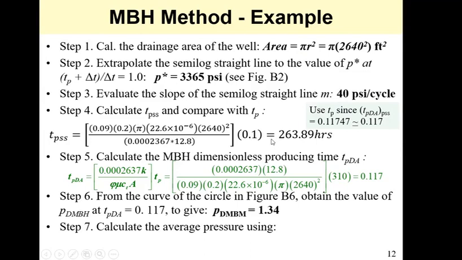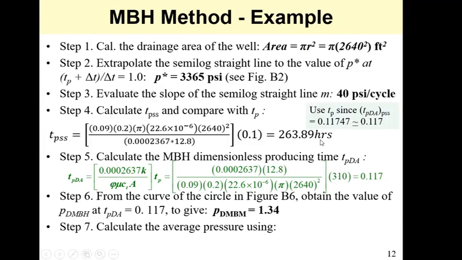In this case, time to reach the steady state is obtained at 263 hours. If you compare that, this is taken to dimensionless form, but you see that tpss is less than tp.